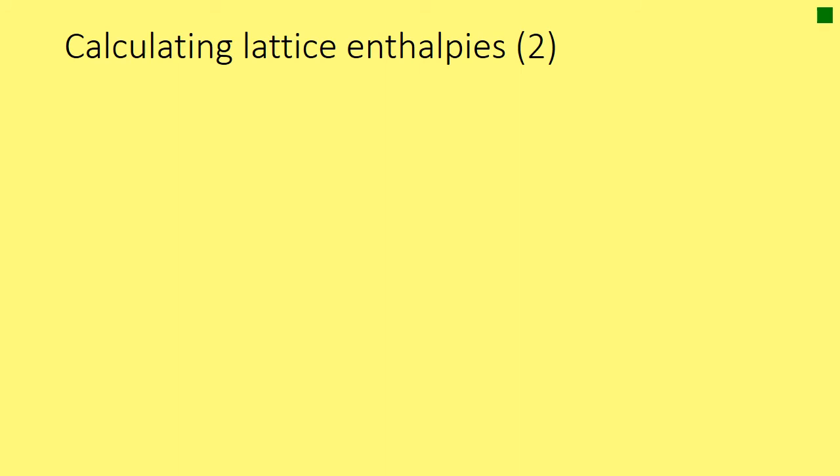So let's start off halfway on our right hand side with our magnesium 2+ ions and our chloride ions, both in the gaseous state. But you'll know that the formula of magnesium chloride is MgCl2.